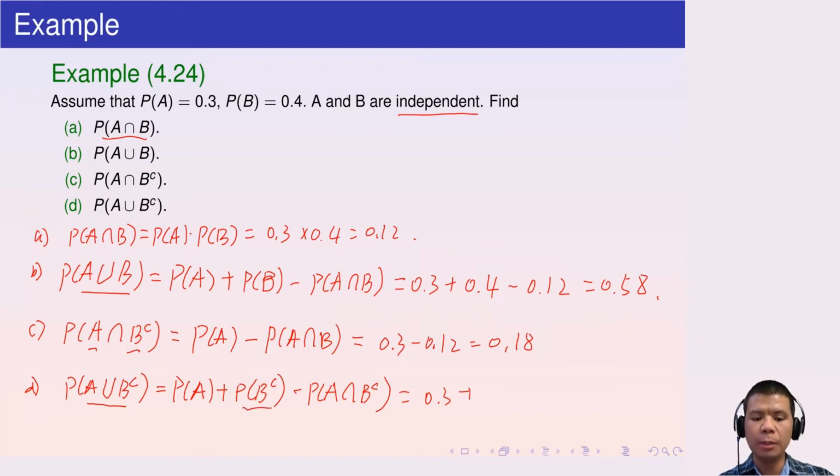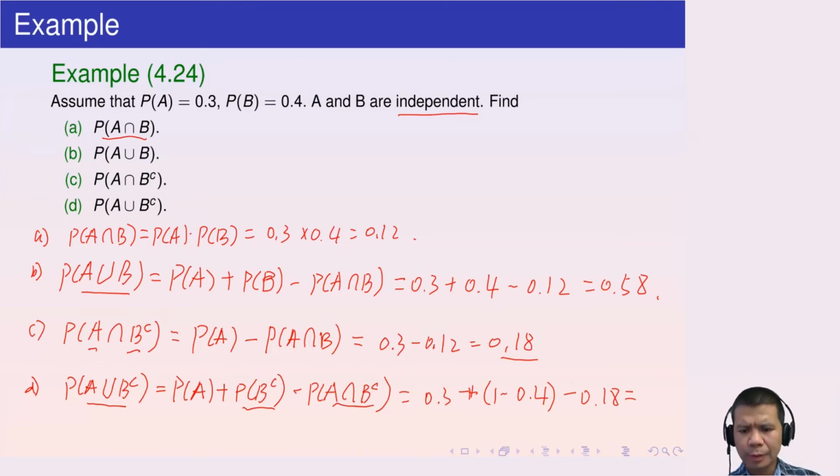Probability of B complement, using the complement rule, is 1 minus the probability of B, which is 0.4, so 0.6. Minus this one we already found in C as 0.18. So 0.3 plus 0.6 minus 0.18 is 0.72. Okay, so that's how we got these ones.